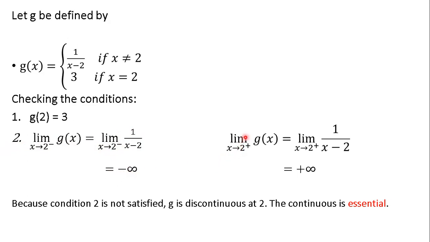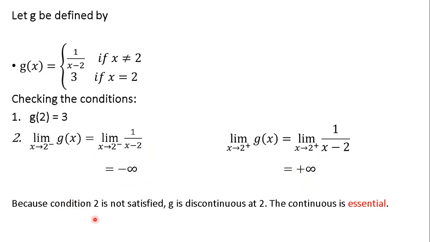And the limit of g of x as x approaches 2 from the right is equal to the limit of 1 over x minus 2 as x approaches 2 from the right, and that is positive infinity. If you're asking why it is infinite, it's because it satisfies the property of an infinite limit. Same goes with this example.